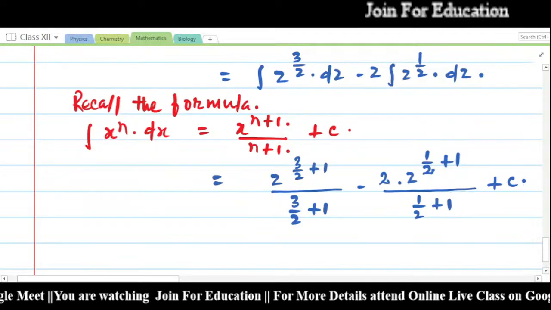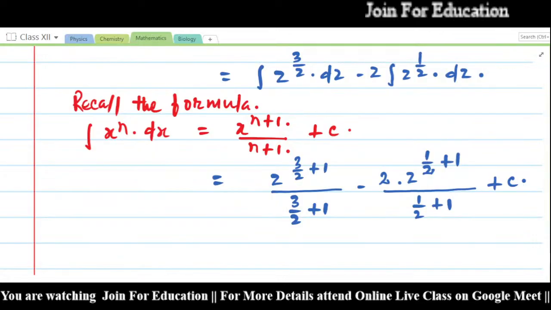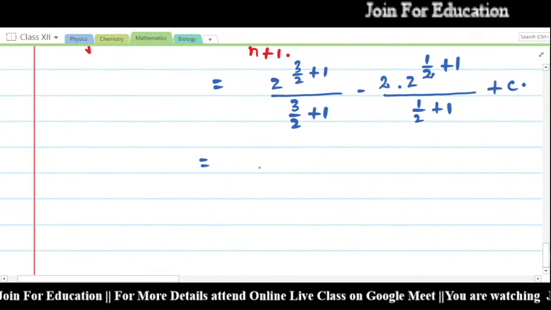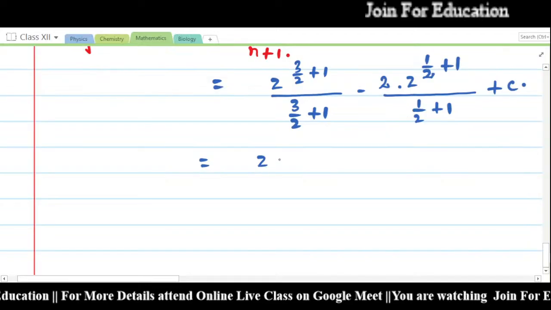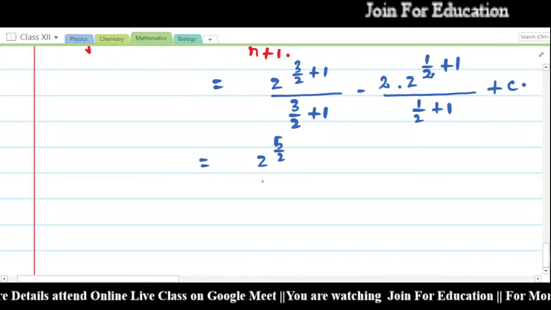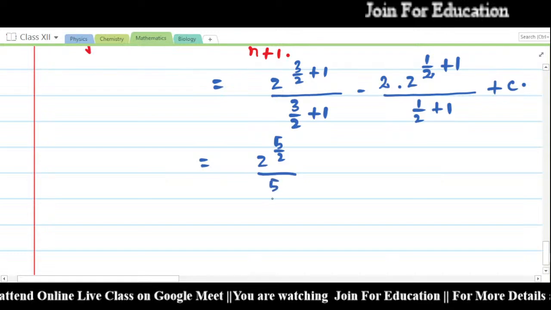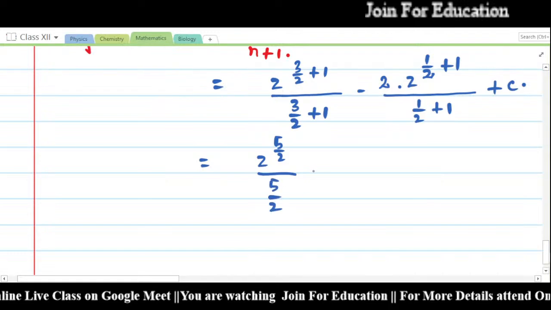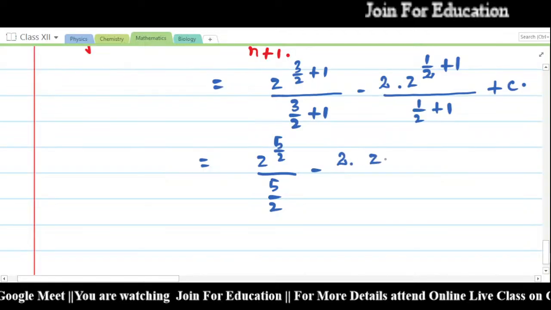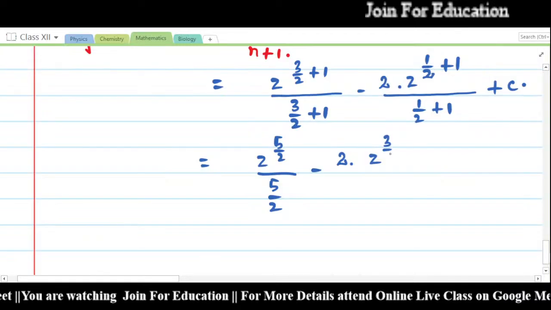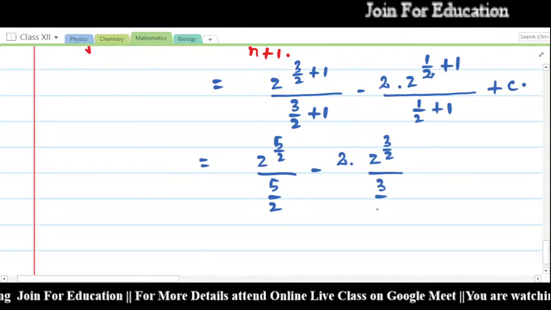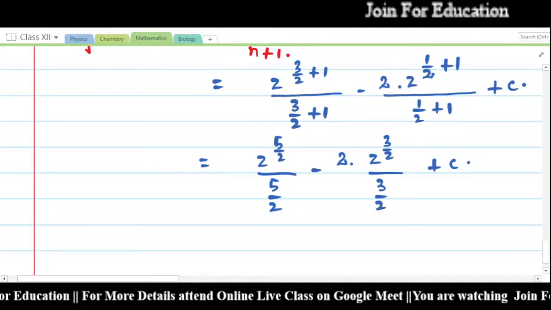After that there is no problem to understand up to this step. So the next step here will be equal to z to the power 3 by 2 plus 1 will be 5 by 2, by 5 by 2, minus 2 into z to the power 3 by 2 by 3 by 2, plus c.